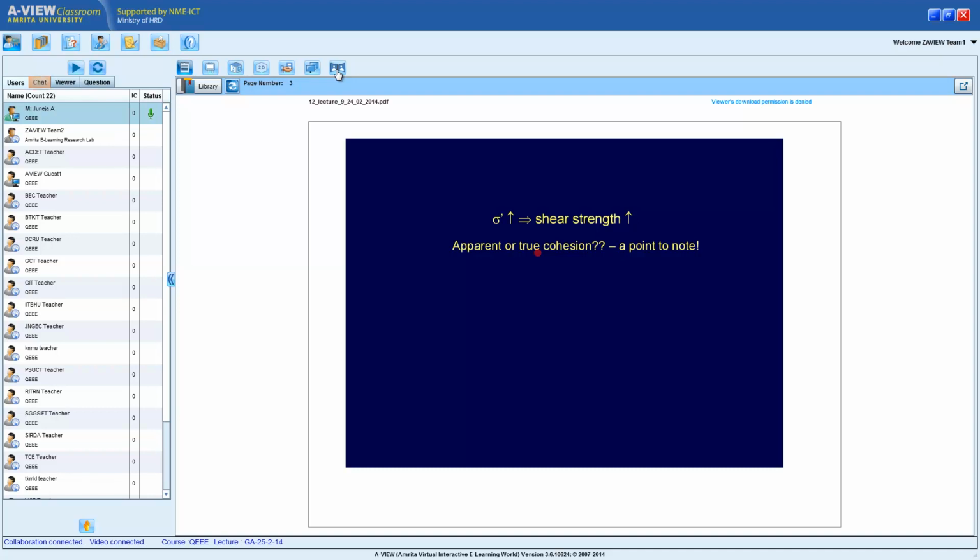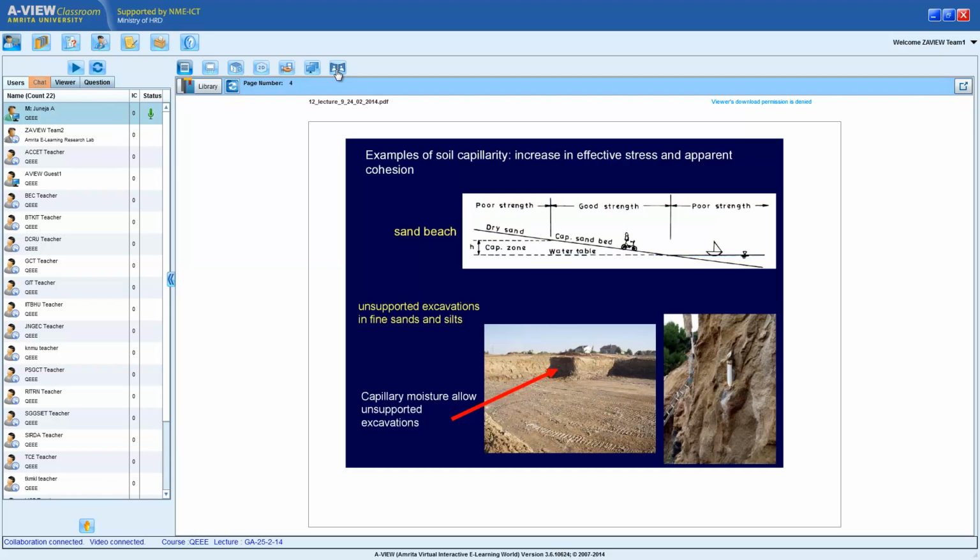So for a saturated soil on one hand and a dry soil on the other, this group of people says the true cohesion is zero. And when you get cohesion, it's only because of the apparent cohesion from soil capillarity coming into the picture when the soil is not completely saturated or not completely dry. So let's move on.